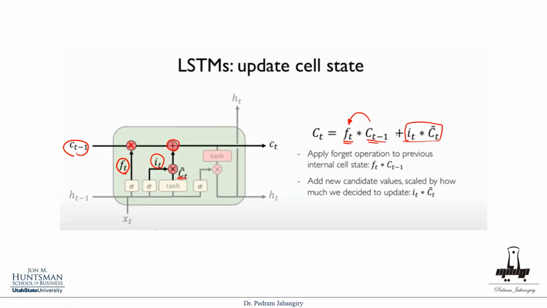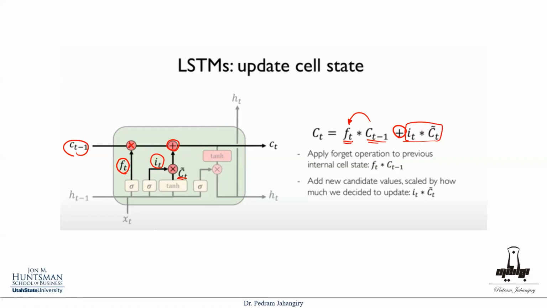This is the adding part, and this is where your long-term memory is forming. Your long-term memory is a combination of the previous long-term memory multiplied by something which is either not relevant anymore or relevant, plus some updates. Where are those updates coming from? Directly from the value of the input at that time step and what is coming from short-term memory. Are we good? High level? Yep.